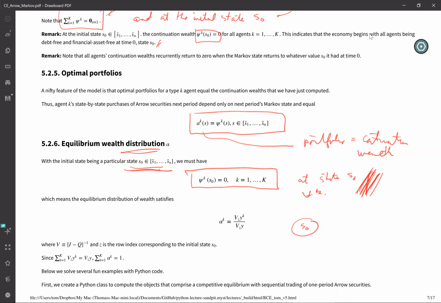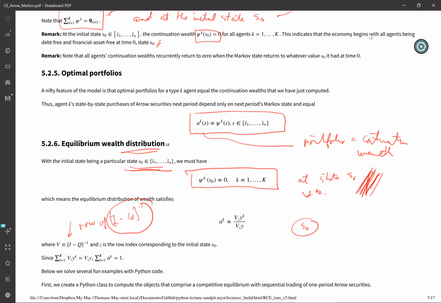Okay, so what we're going to do is take the row of I minus Q inverse. This thing is how we price this operator, I minus Q inverse. That's how we price an infinite stream, which is great.